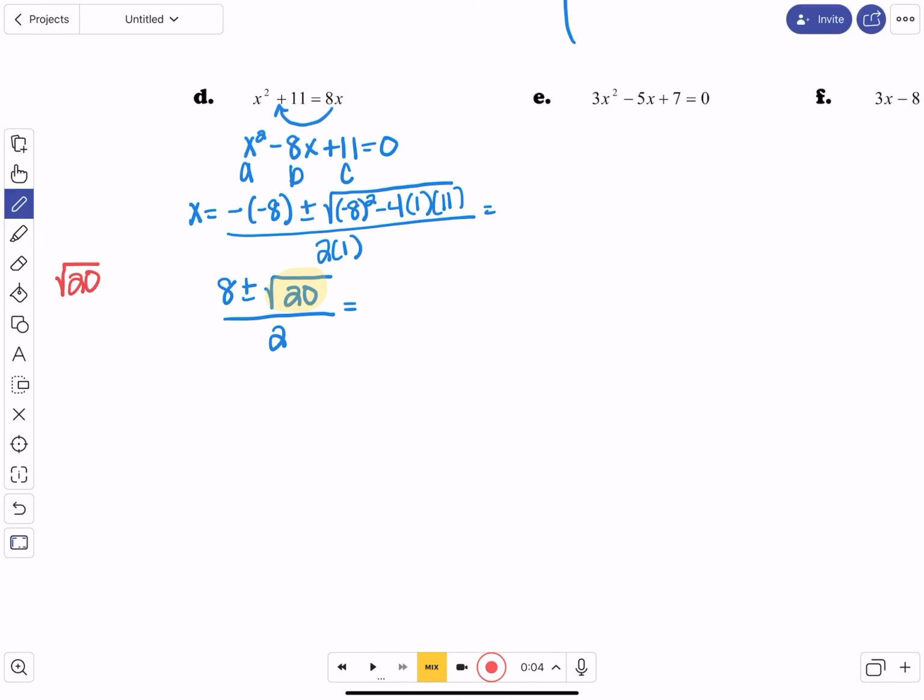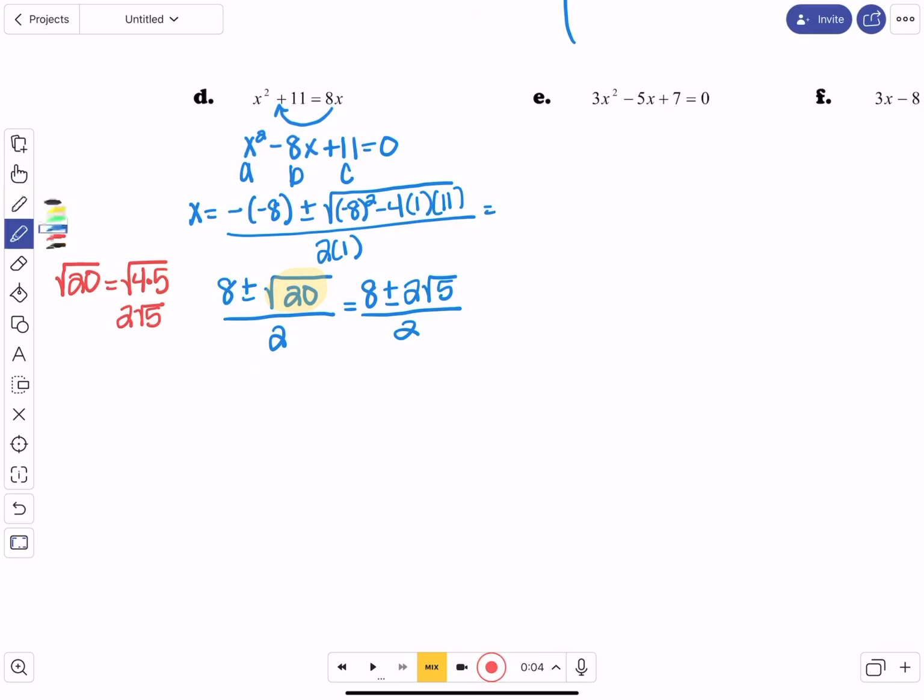Remember, think of a perfect square that goes into 20. So that's 4 and 5. The square root of 4 turns into 2. The 5 stays as a radical. So I am going to rewrite this as 8 plus or minus 2 square root of 5 over 2.